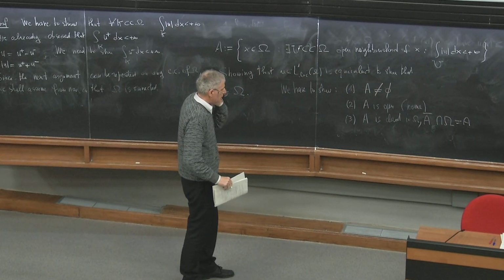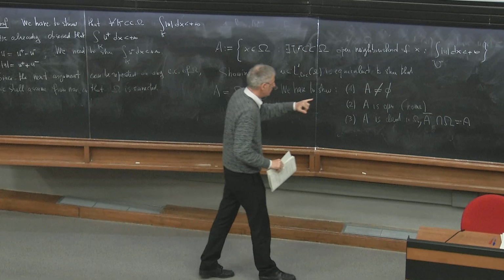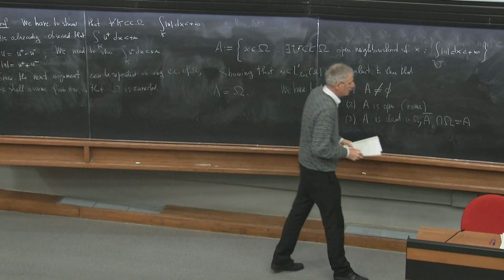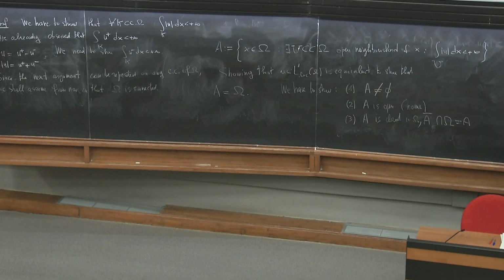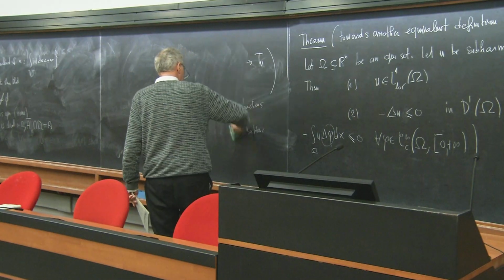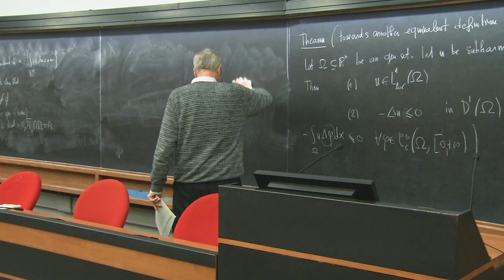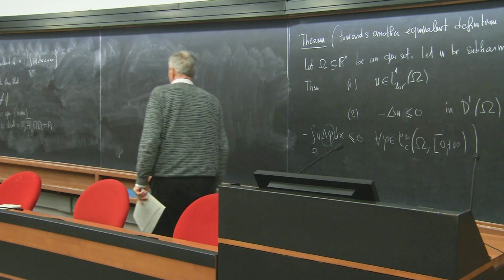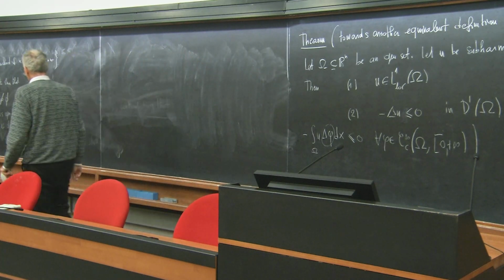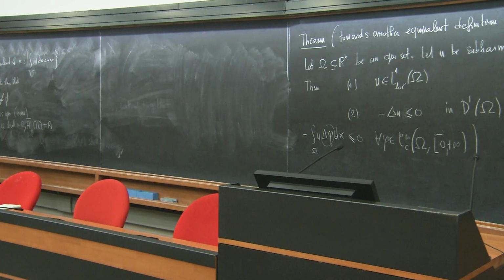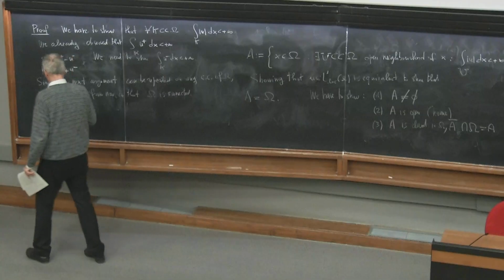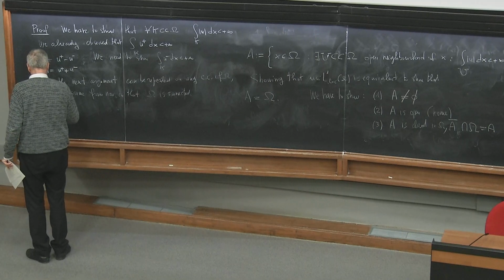Okay, so now the point is to show that this is non-empty, and that it's also relatively closed. Omega is connected. We know by definition that u is not identically minus infinity in omega.